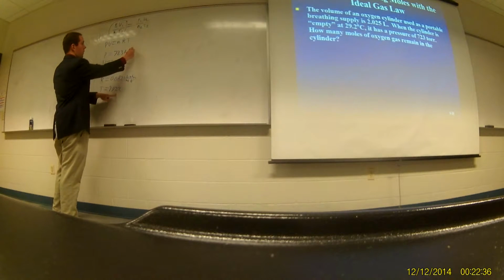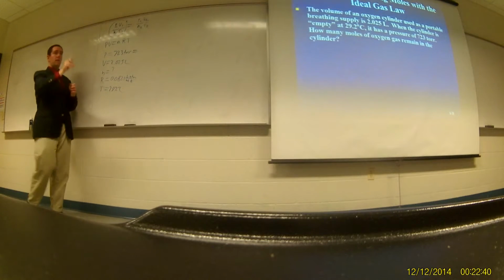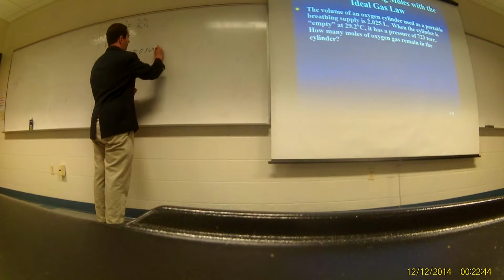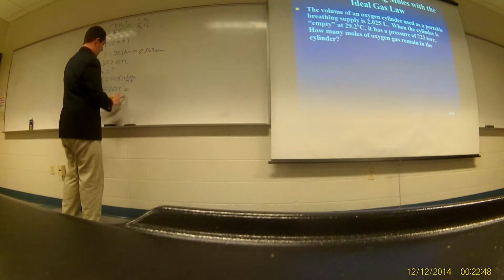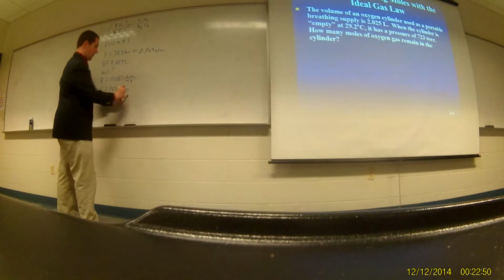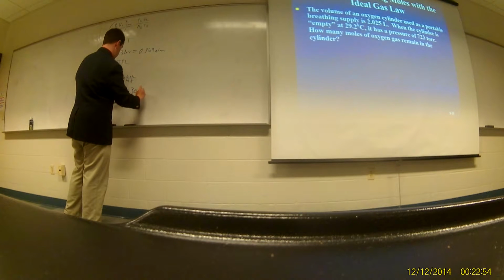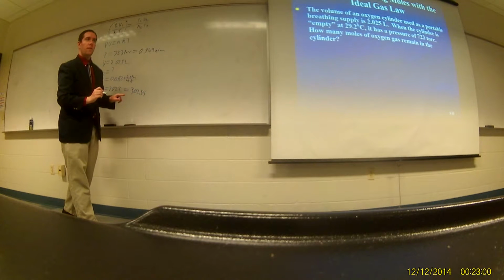So let's convert that to atmospheres. Divide by 760. 0.964 atmospheres. Temperature, 302.35. Did you add the 0.15? No. Okay.